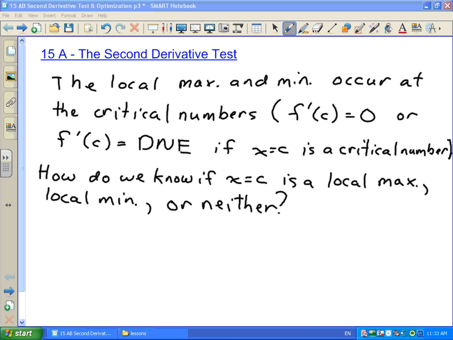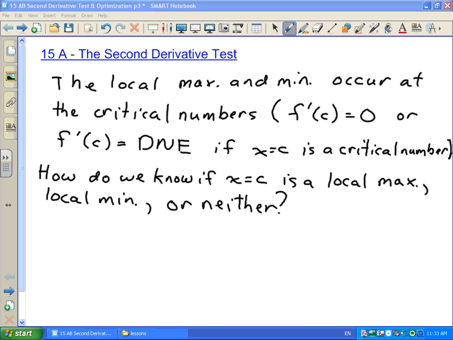We checked the sign of the first derivative on either side of our critical number, and if our first derivative went from positive to negative, we knew we had a local maximum, and if it went from negative to positive, we knew we had a local minimum. So we were looking for a sign change in our first derivative.